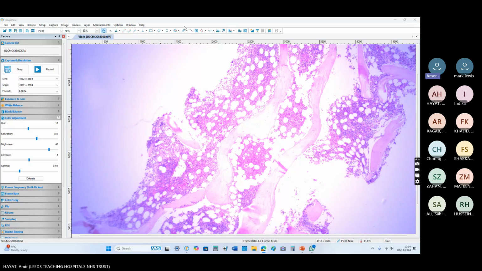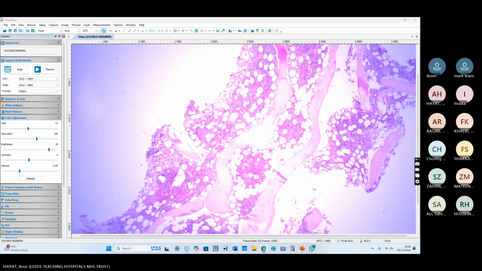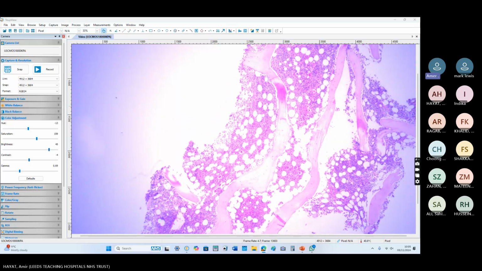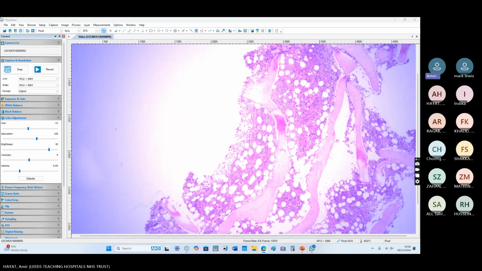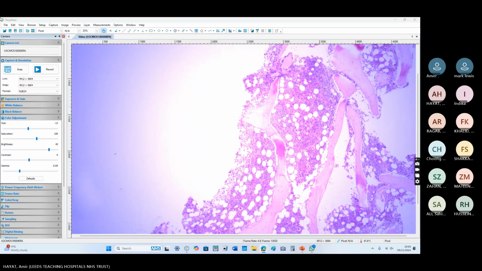So this red is a normal bone marrow stuff. The problem is in the bluish area. The bluish part represents infiltration of the bone marrow.